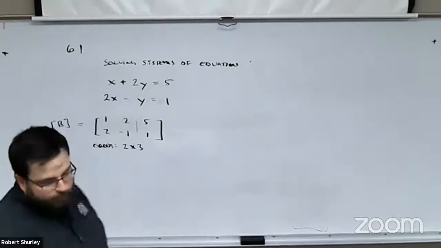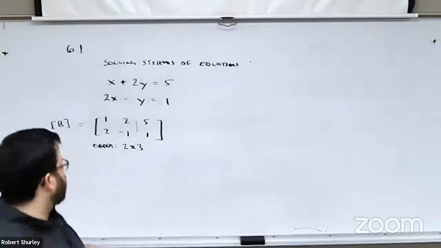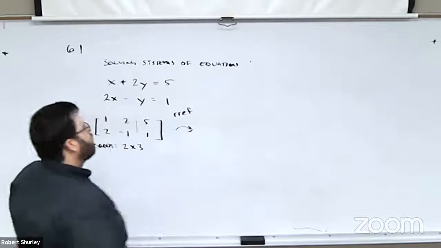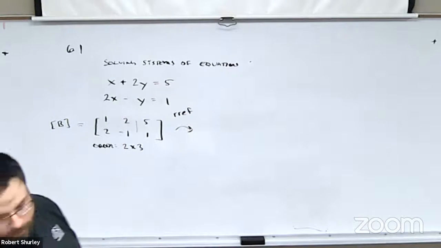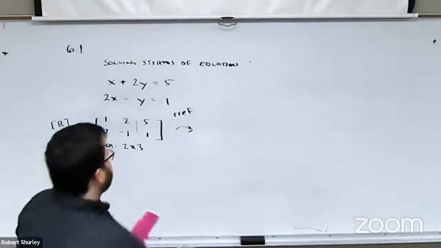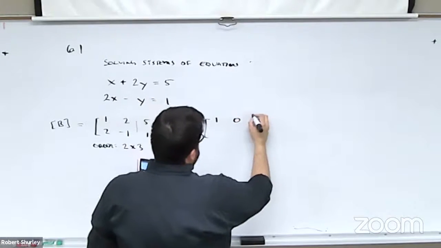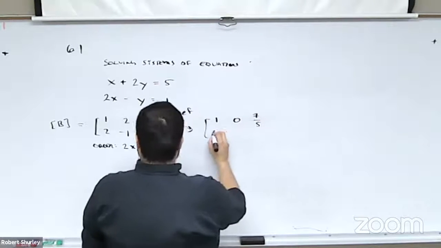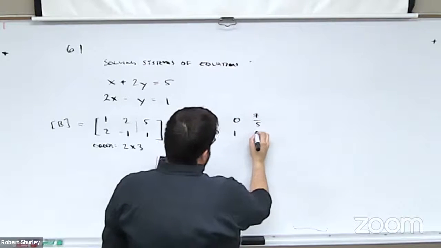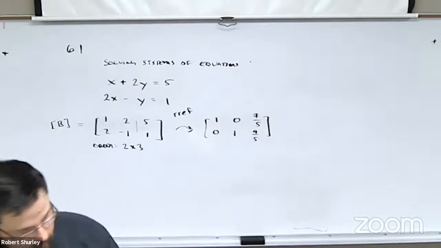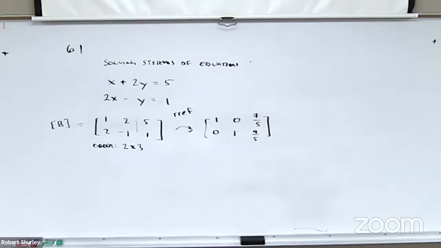Okay, so let's write this down. What we've done is we've used reduced row echelon form on this matrix. So I'm going to write RREF here. We created a new reduced matrix of 1, 0, 7/5 and 0, 1, 9/5.